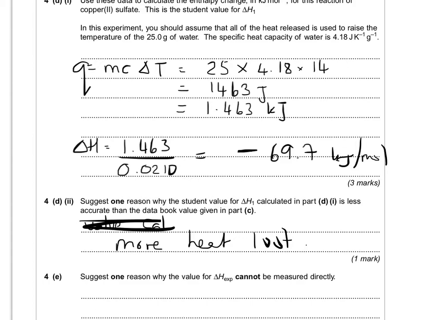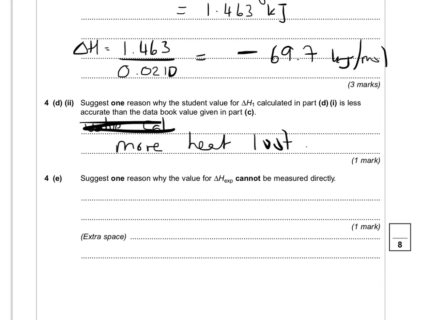And then finally, we've got suggest one reason why the delta H exp cannot be measured directly. There are two more obvious answers to this. Firstly, something you could say is it's very difficult to add the exact amount of water that is added during the reaction.